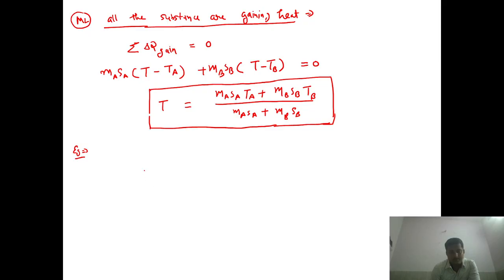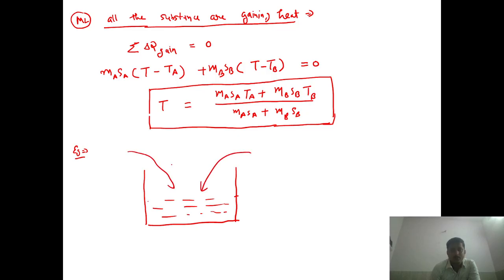We have a container, and we are now mixing three similar things, like this: 1, 2 and 3. We are mixing three things having masses MC, SC and temperature TC, another with mass MA, SA and TA, and another with MB, SB and TB, like this.